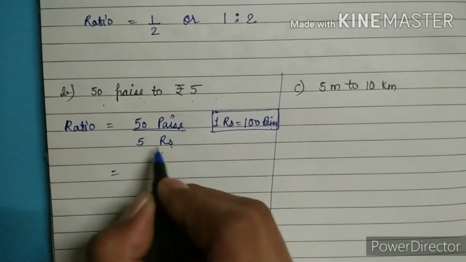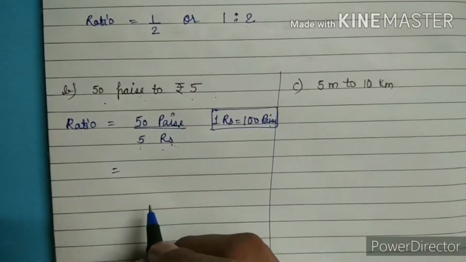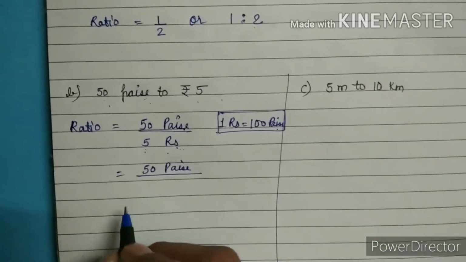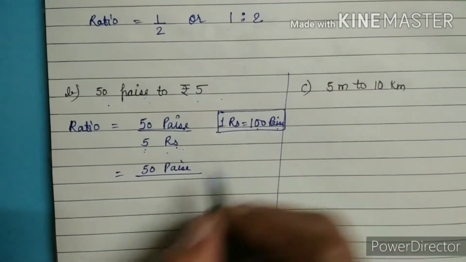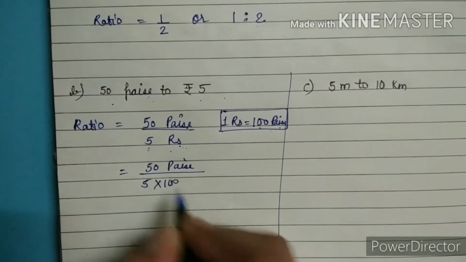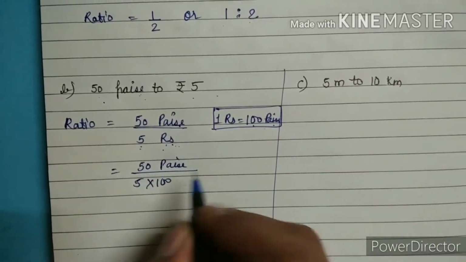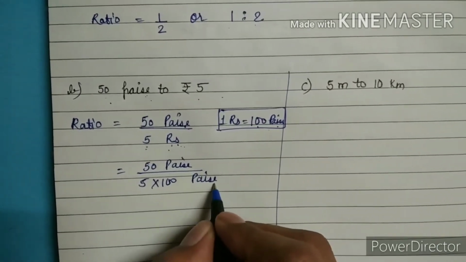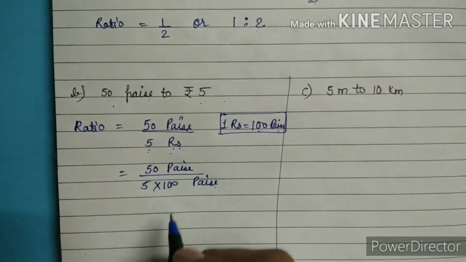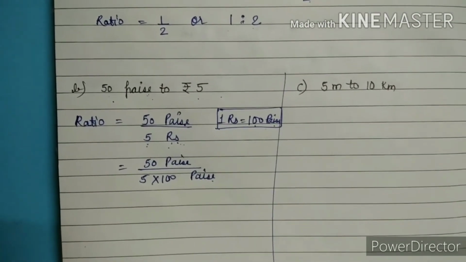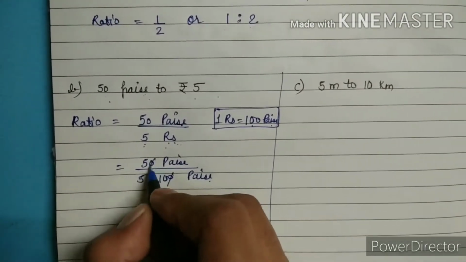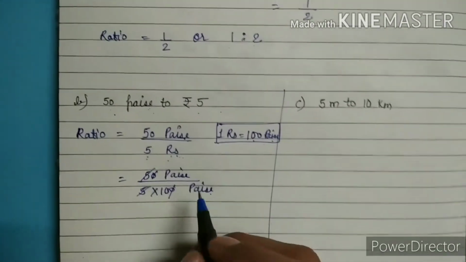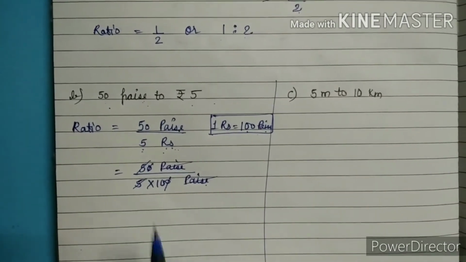So we will convert 5 rupees into paise. So 50 paise as it is will come, and for making 5 into paise, we will multiply by 100, so that rupees will change into paise. Now our unit is same, that's why we will reduce numerator and denominator to each other, so 0 to 0 cut, 5 to 5 cut, and paise to paise cut.